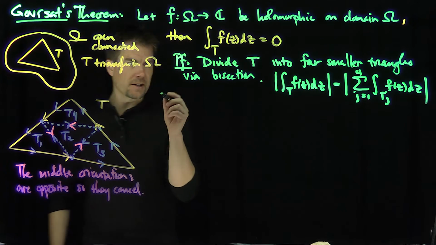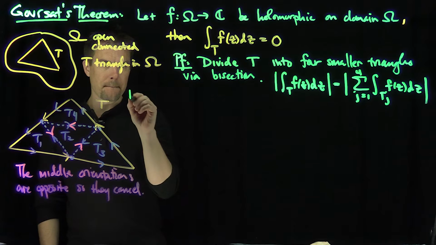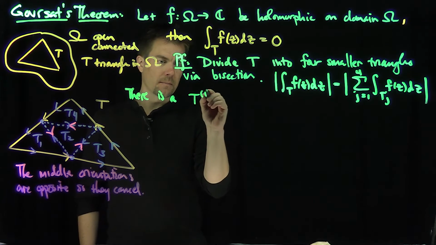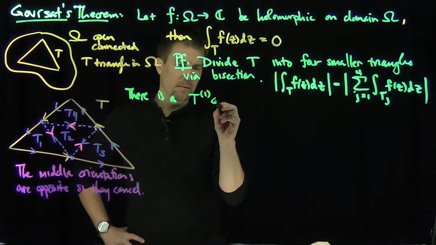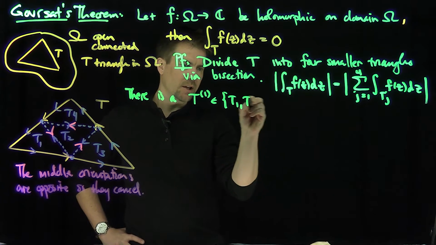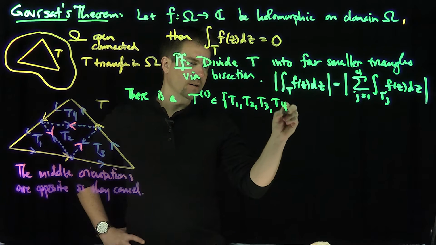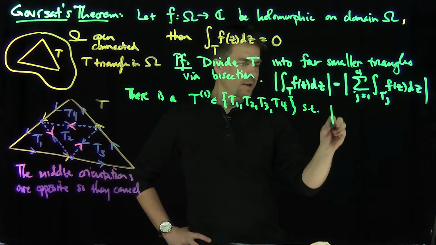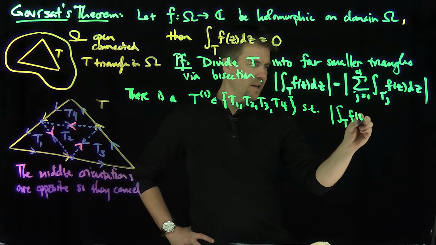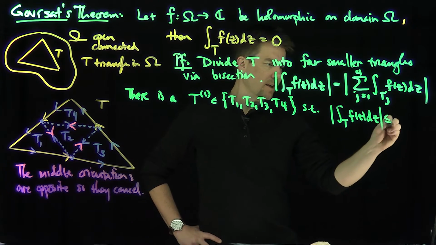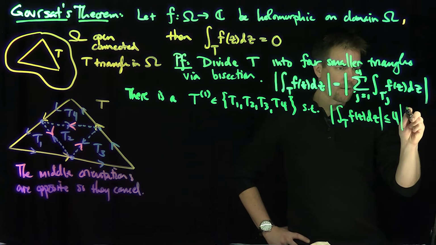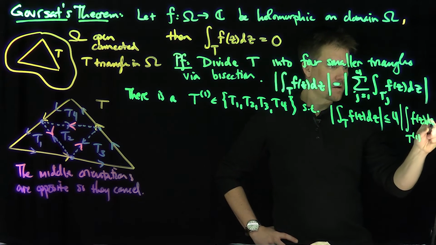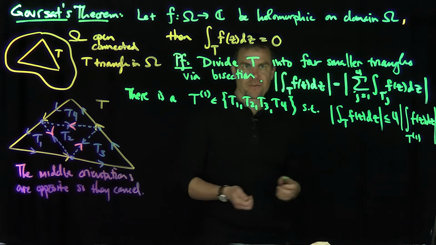So there is a T1, and this T1 triangle is coming from the T1, T2, T3, T4 set of triangles, that first generation, such that the absolute value of the integral over T of f of z dz is less than or equal to 4 times the absolute value of the integral over T1 of f of z dz. Okay, that's just a standard observation about absolute values, right?